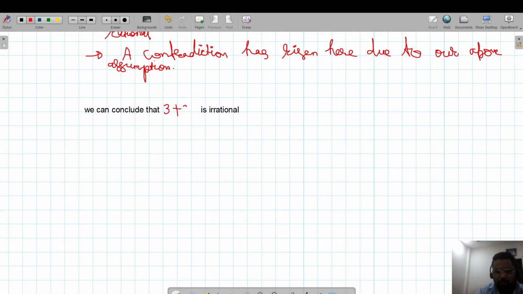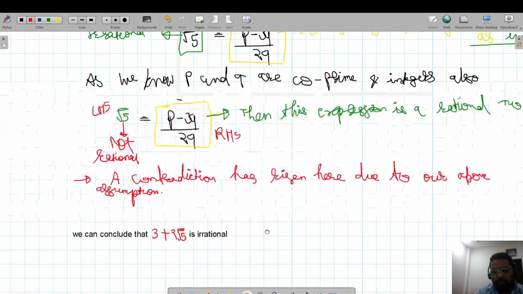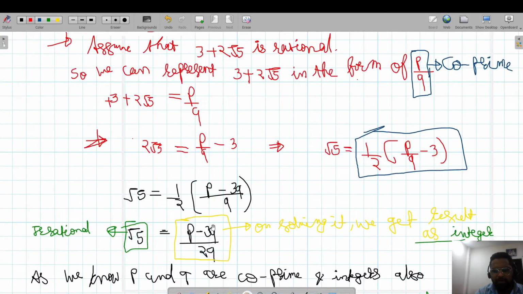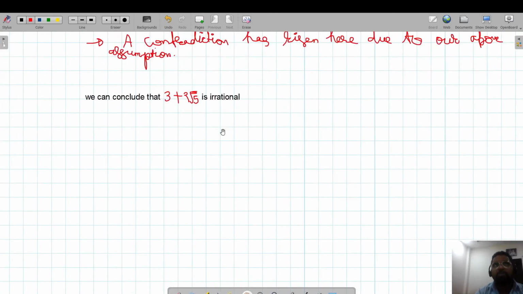So we need to prove it like this: at first we assume that it is rational, and then we prove that our assumption was wrong. So we conclude that this 3 plus 2 root 5 is irrational. This is the solution for this question.